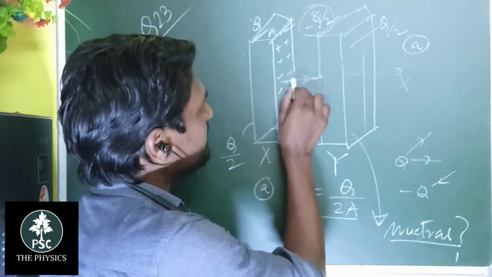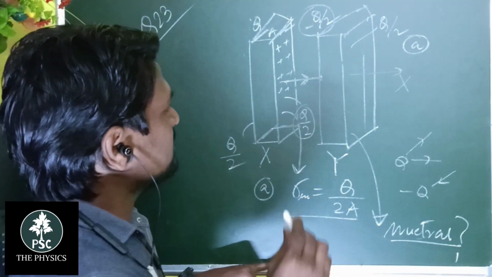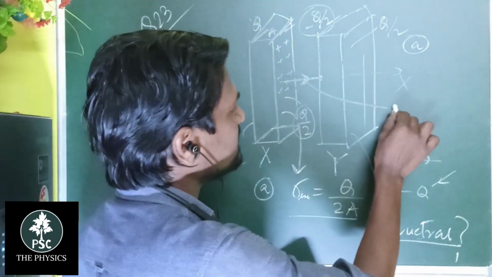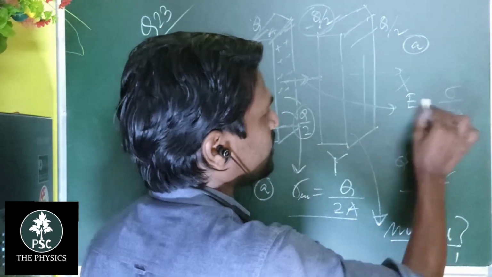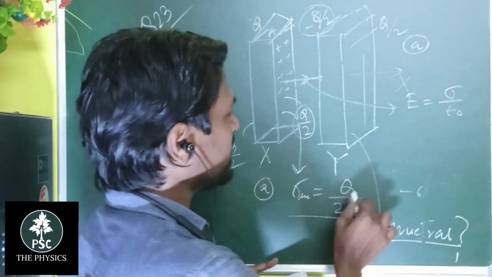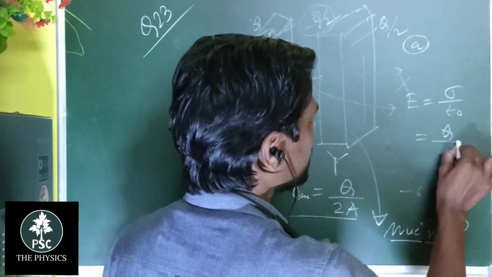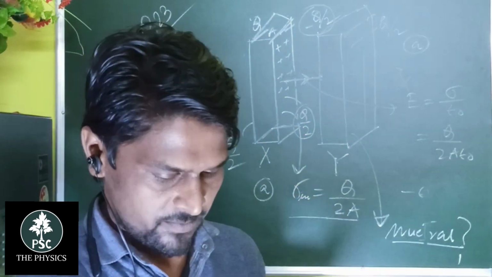So the electric field along this direction will be how much? The electric field is equal to sigma by epsilon naught. And sigma is Q by 2A, so the electric field is Q by 2A epsilon naught.